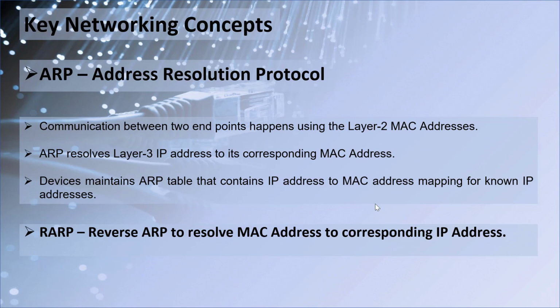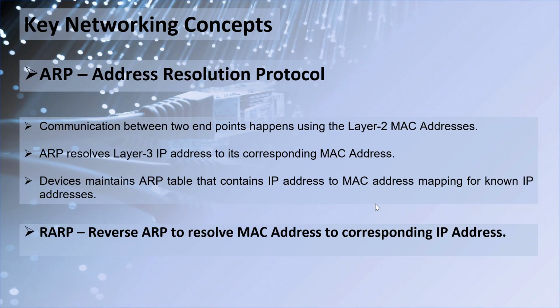Then it will send a special broadcast request. All hosts will receive that special broadcast request, including the destination. The destination will see that this is my IP address in that broadcast request, and it will respond back with the MAC address, the physical address.